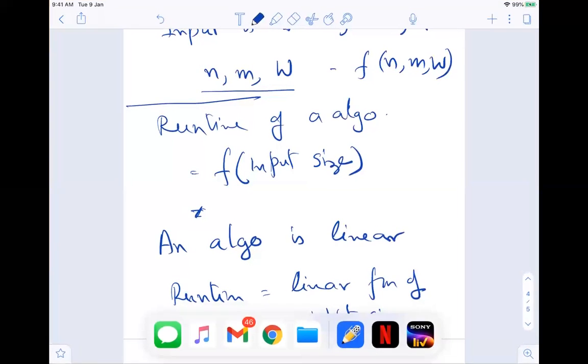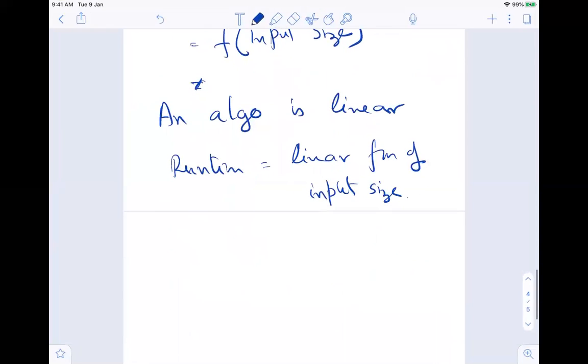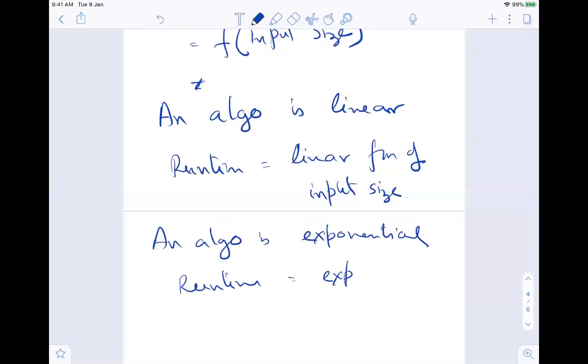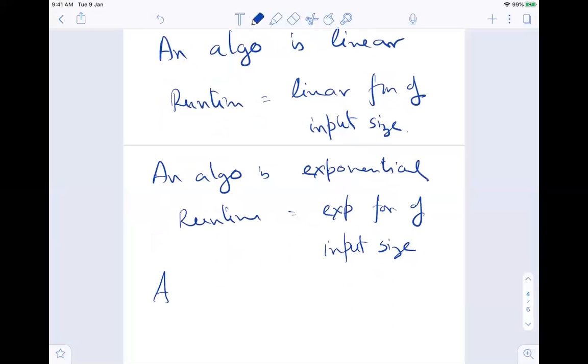If we say that an algorithm is exponential, this means that the runtime is an exponential function of input size. Note that I am not saying it is an exponential function or a linear function of n. It is always in terms of the size of the input.